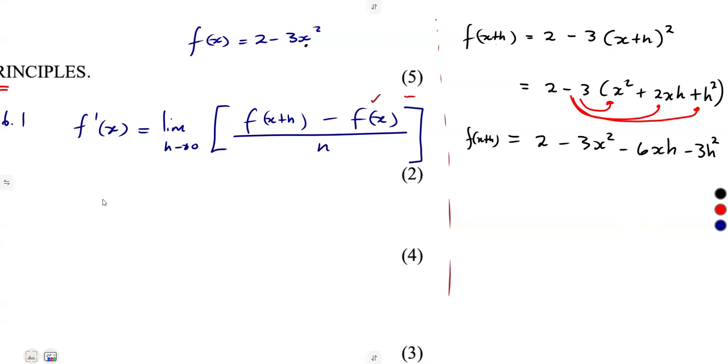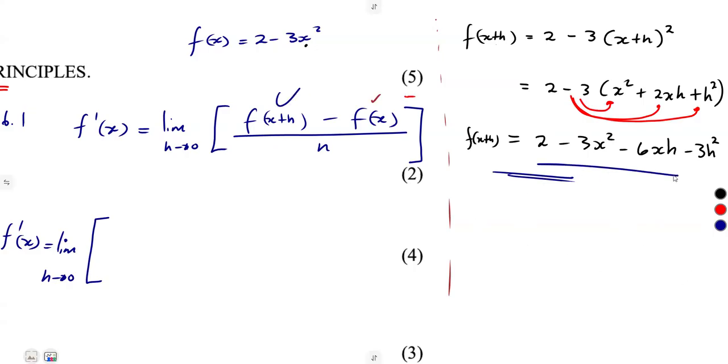So we are going to take this, our f of x plus h, into the formula. Thus, the first derivative with respect to x is going to be the limit as h approaches 0 of our f of x plus h, which is this part here. So we're going to just take this part as it is, 2 minus 3x squared minus 6xh minus 3h squared.